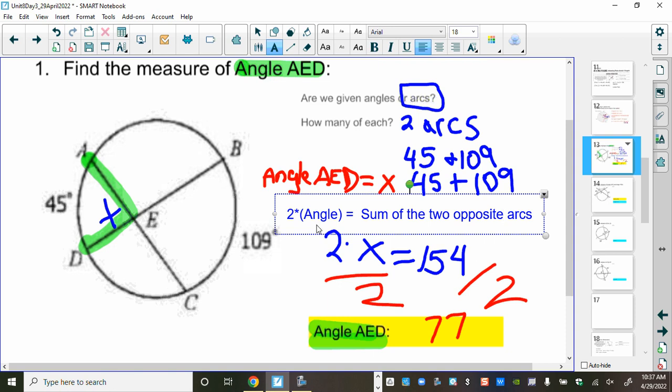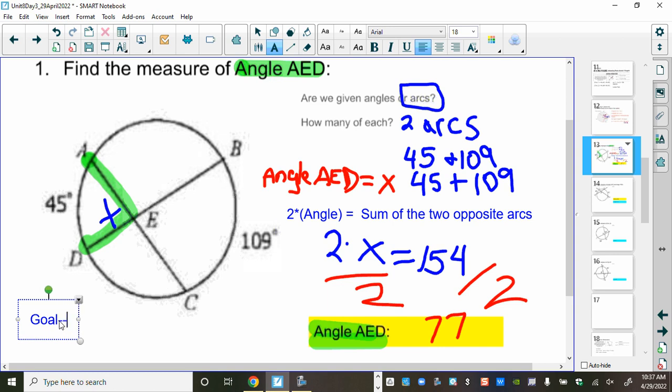So you identify your angle and the opposite arcs. So that's our goal. So what do we need to identify? So the goal, identify the following.